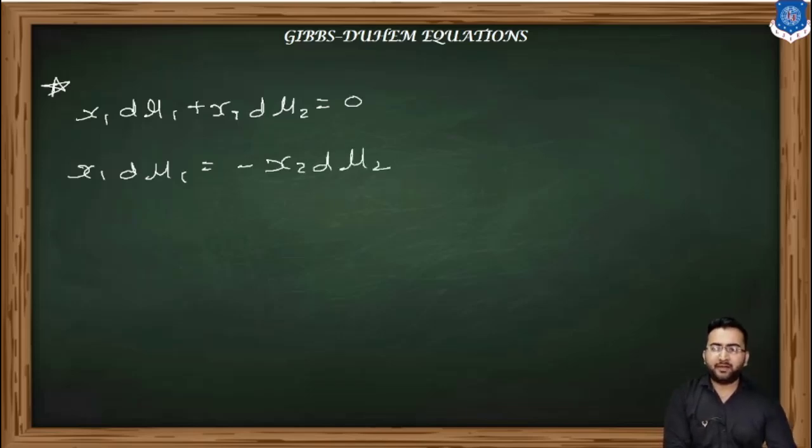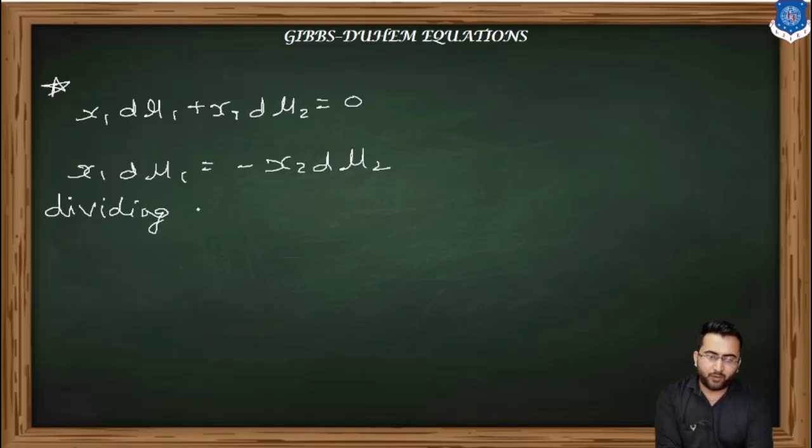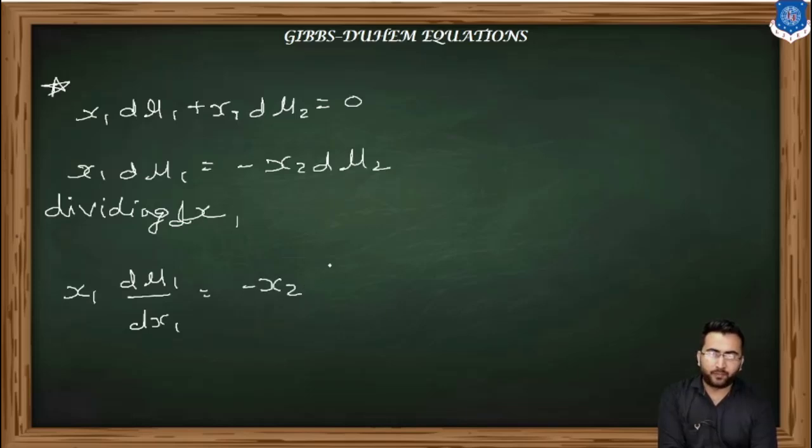Now dividing by dx1, this equation becomes x1 d mu 1 upon dx1 is equal to minus x2 into del mu 2 upon del x1.